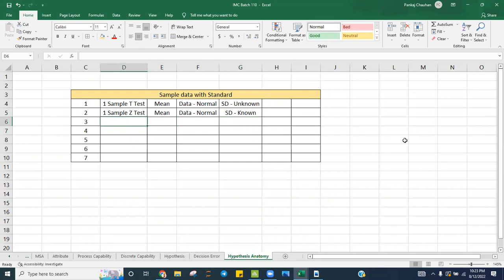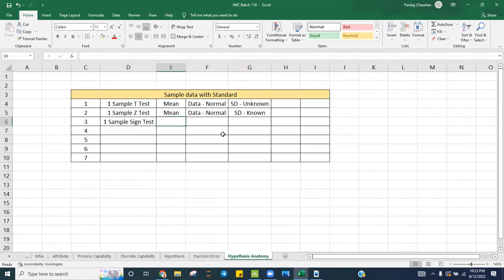Another test we perform is the one sample sign test. One sample sign test we perform when you are comparing the median. Before that, let me write one sample Wilcoxon test.